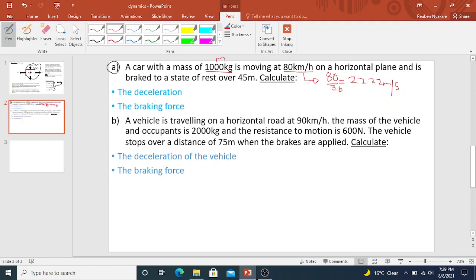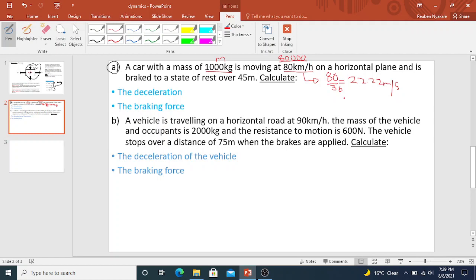Now this 3.6 is one and the same thing as 3,600. How did we get 3,600? Remember, k is 1,000. That means it will be 80,000. You write 3 zeros. Per means divided by, hours to seconds.